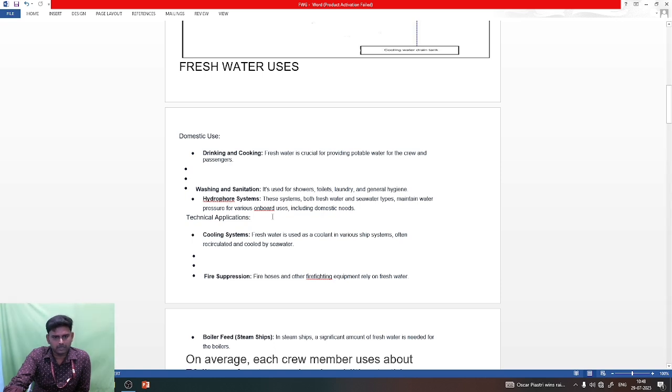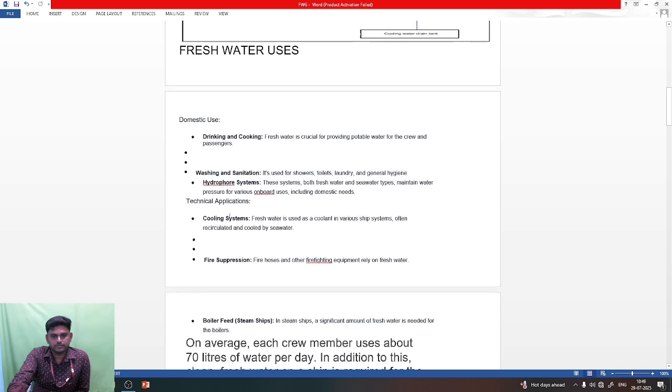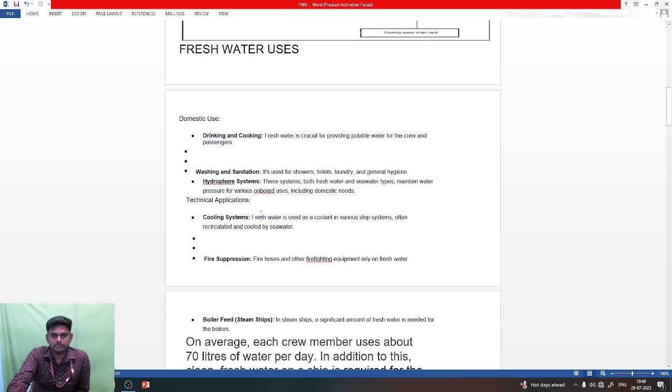The water goes inside the hydrophore system, and the air is also pressurized. Here we can see this system is used for both freshwater and seawater types, maintaining the water pressure for various onboard users including domestic needs.